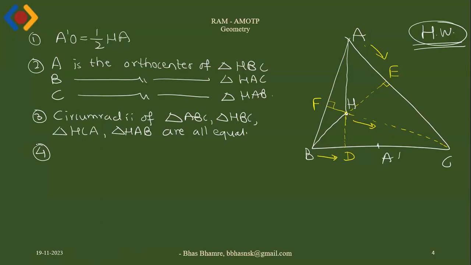Then, very important, some use the fact that the area of triangle is abc upon 4R. Moreover, you can go by angle chasing for the third result. A little bit of angle chasing may help us.